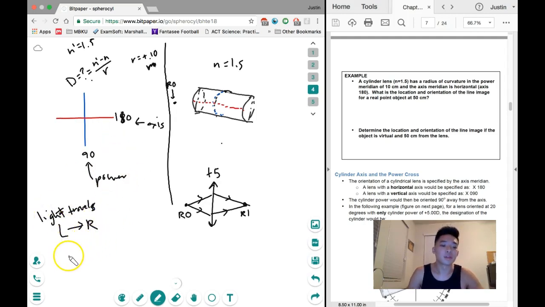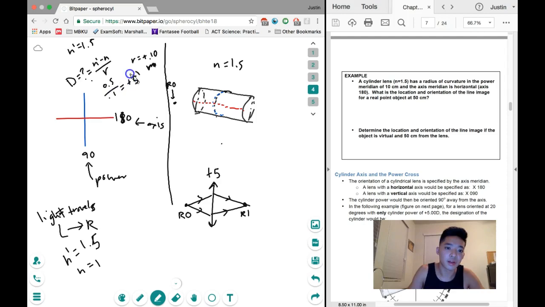So n prime is 1.5 and n equals 1. Then you plug that in, I'm going to skip some math here, and you get a positive 5. So that's positive 5 right there at the 90.